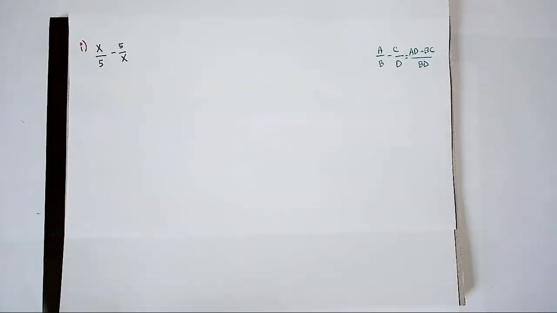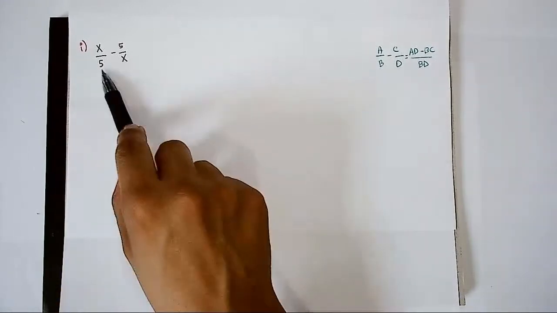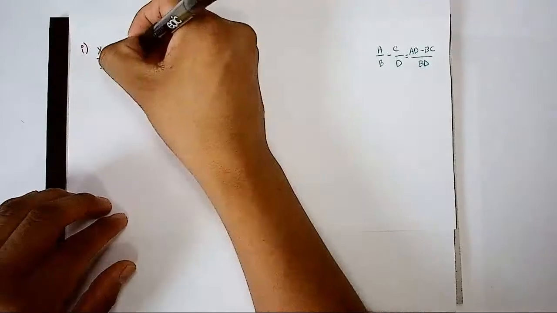In our last example, we also have a subtraction between two fractions with different denominators. So let's proceed.